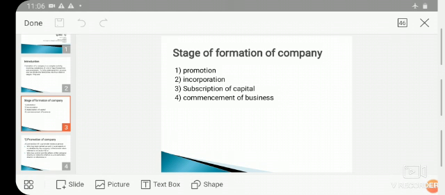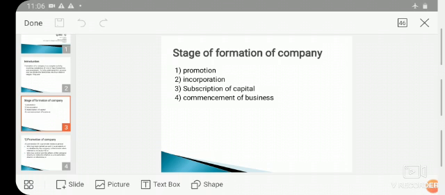That means a private company can start its business activities immediately after obtaining the certificate of incorporation. The certificate of incorporation means the certificate of name registration of a company with the registrar.